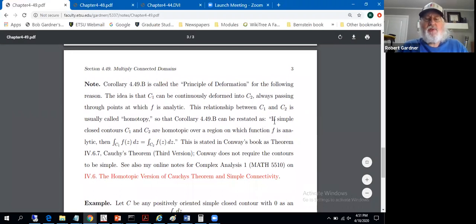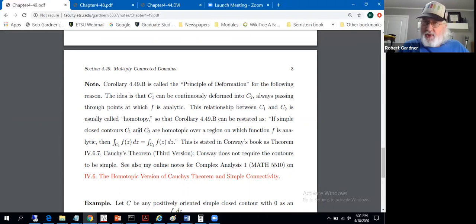Those two contours are said to be homotopic over the region on which f is analytic. And this can be restated in terms of homotopic contours, more hands-on dealing with the deformation.